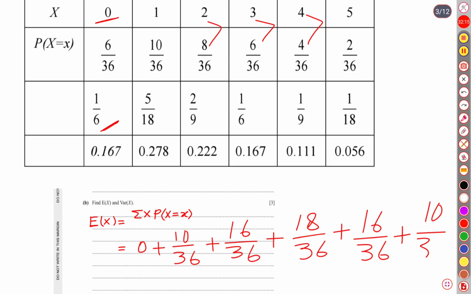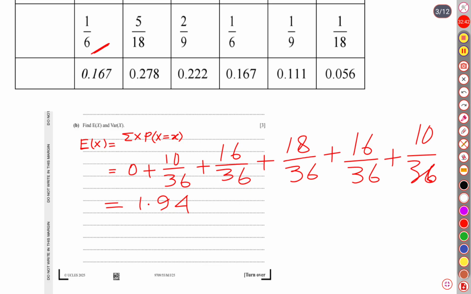Using the calculator, 10, 26, plus 18 is 44, 60, 70. It is 70 over 36. If we divide 70 by 36, it is 1.94. So our mean value is 1.94.